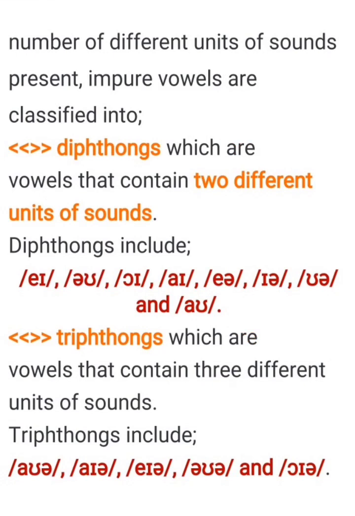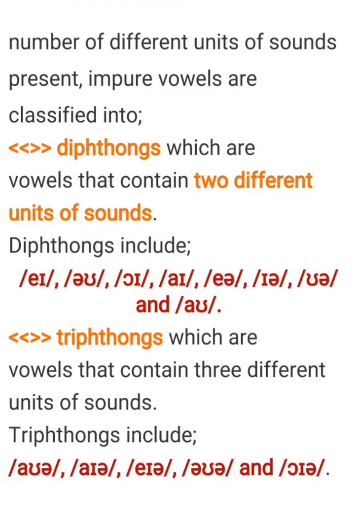Now, diphthongs are vowels that contain two different units of sound. That's straightforward because we know the prefix di stands for two. So it refers to a vowel sound that has two sounds together that are usually pronounced in succession, one after the other.